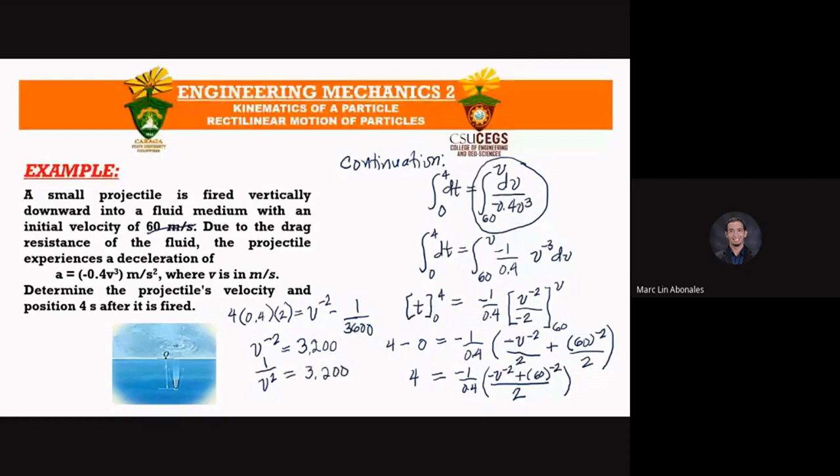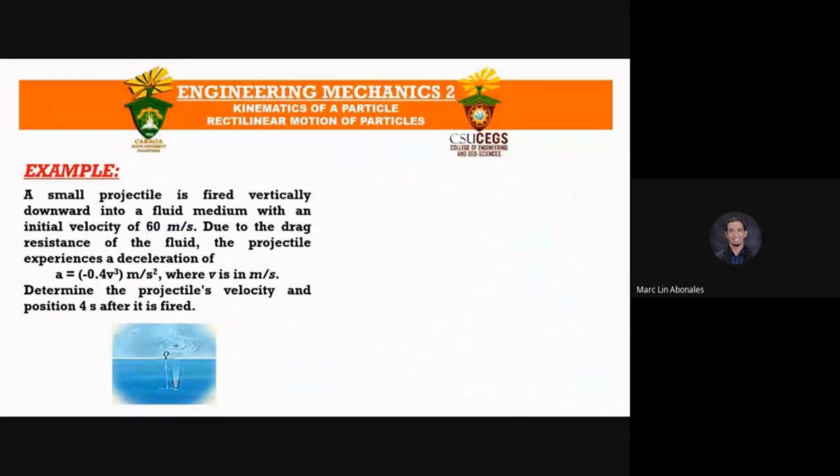And just a continuation on this, 1 over v squared is equal to 3.200. So, you just invert it so that at least what we are looking for here is the velocity.